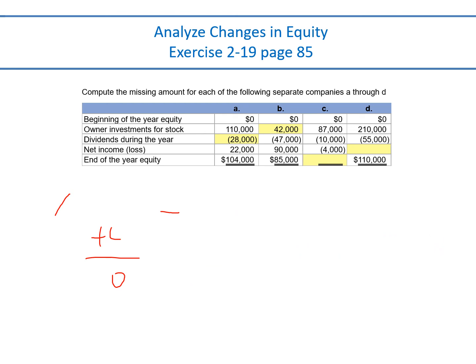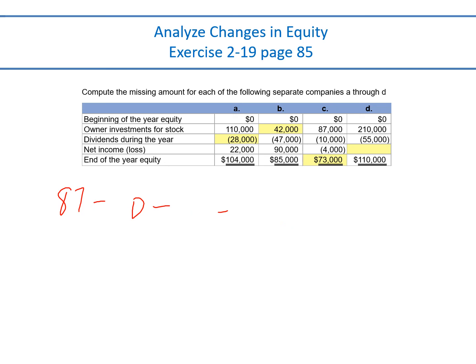Okay. So if we look at letter C, we have $87,000 minus 10 minus 4 equals what? That one's easy. We have ending equity of $73,000.